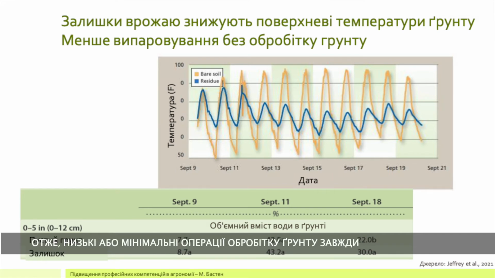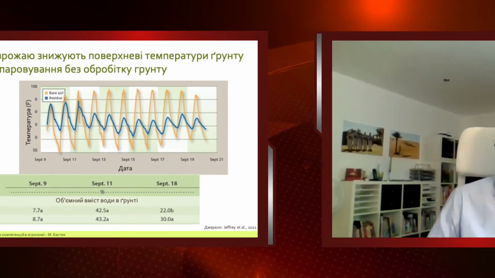So low and no tillage operations always start with a very even spread of harvest residues across the field. If this is not given, I think there's no point really in considering no or low tillage operations because it cannot really work. So this is a very important prerequisite here.